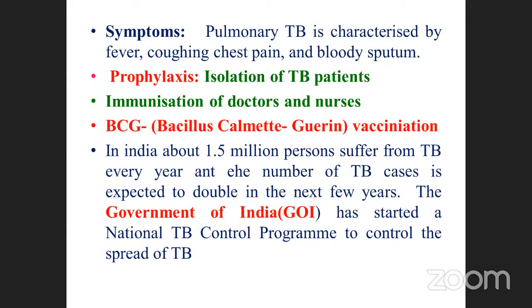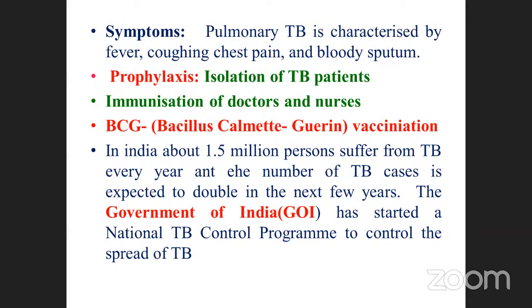The Government of India has started a National TB Control Program to control the spread of TB. Sometimes they may ask which program the government has started. So, the national TB control program to control the spread of TB.